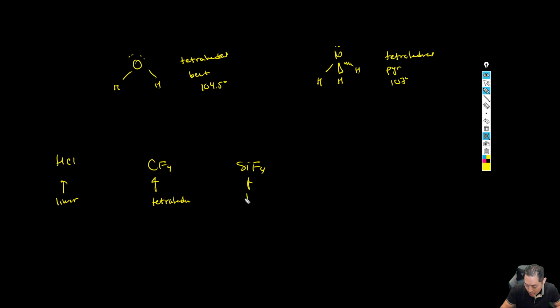This one is also going to be tetrahedral. And so that means this is 109.5, and then this one's going to be linear, so it's 180. Let's see, what are the questions? So when you're looking at this, you want to see which one boils. So let's see.